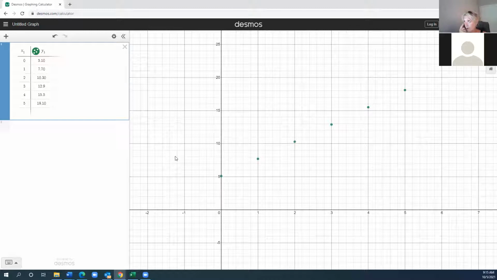Yep, that's true. And if it's increasing by the same amount, what type of model or equation did we come up with for the gas? A linear. Yep, great job. So it looks like a straight line, and because you said it perfectly, because we're adding and increasing by the same amount, it's linear.